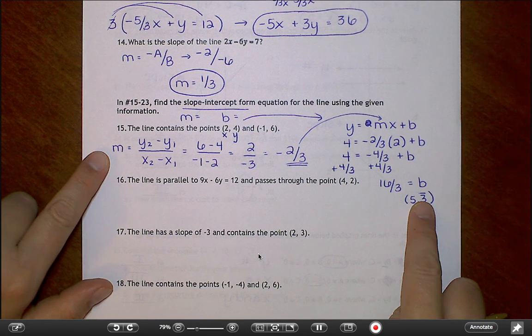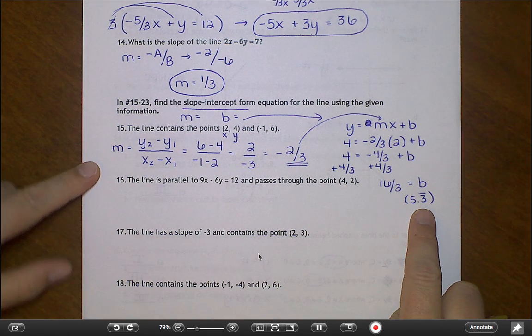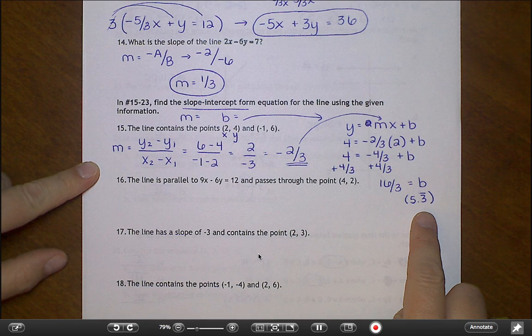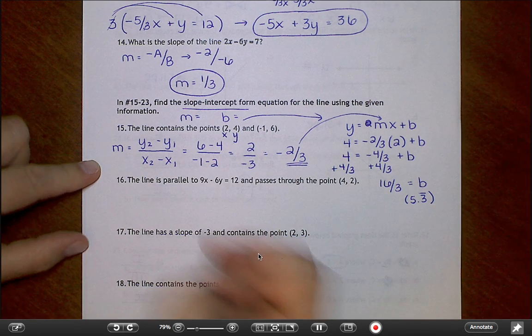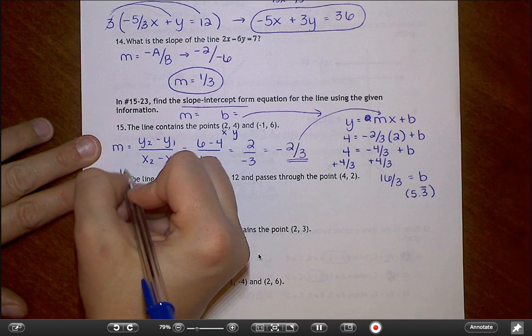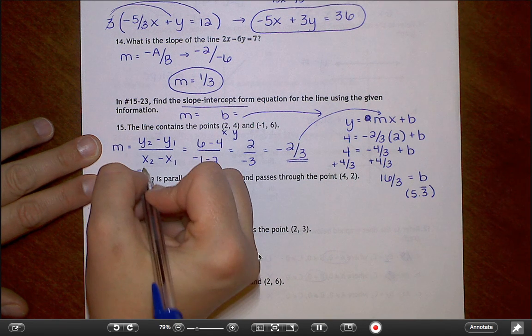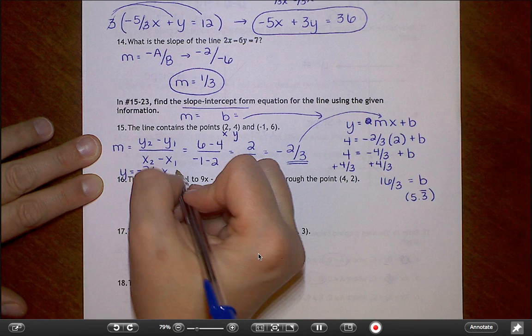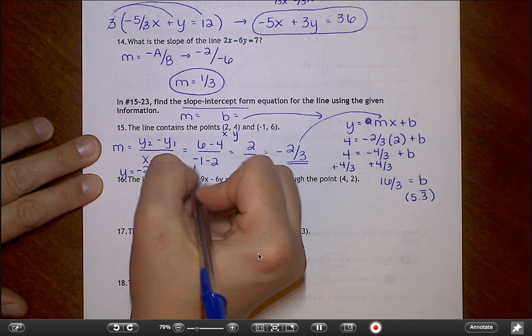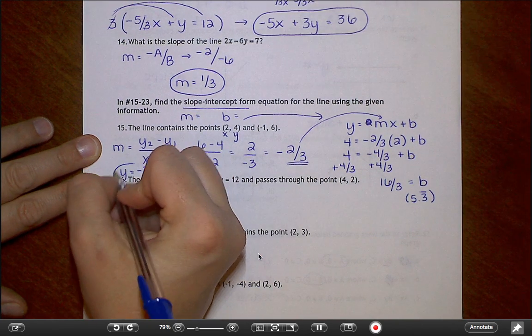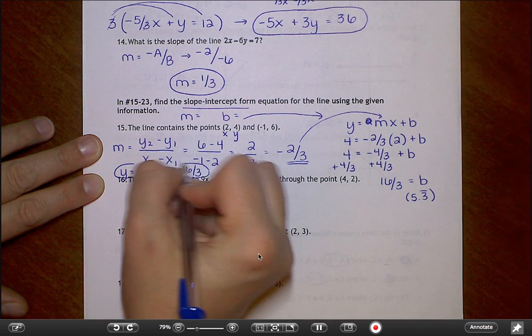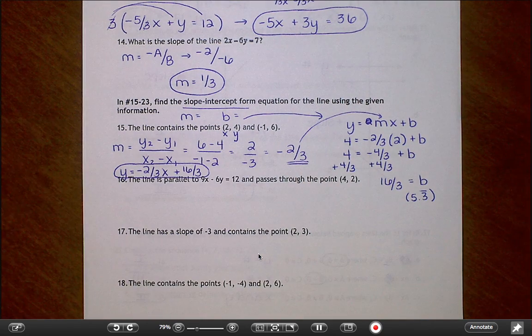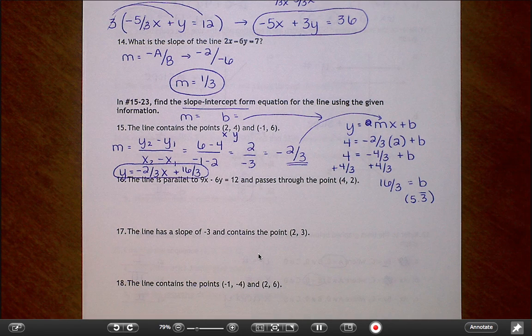You have your m, you have your b, and write an actual equation now. And I'm kind of short on space here, but for number 15, the final answer would look like this. Y equals negative 2/3 x plus 16/3. Okay. Or again, decimals for those would be fine too.